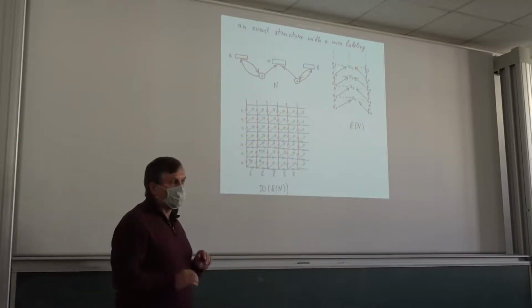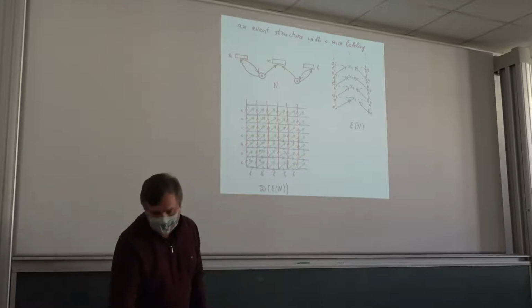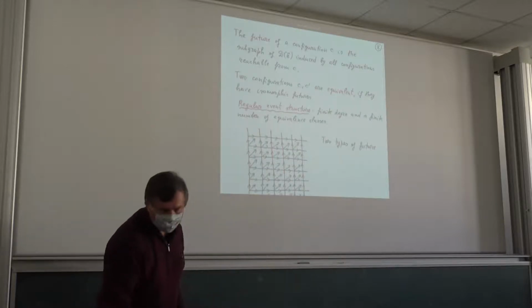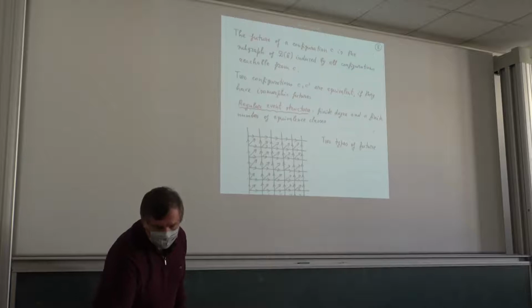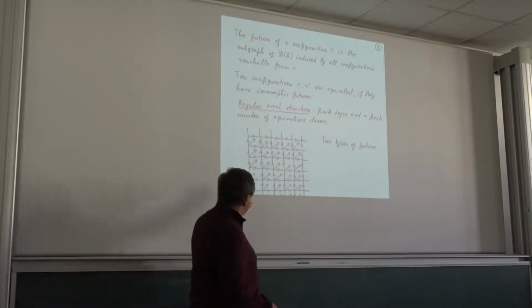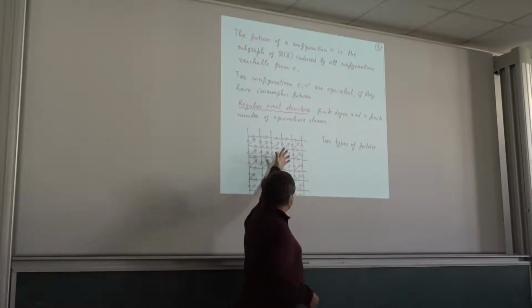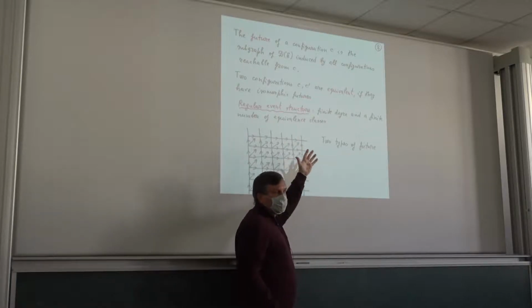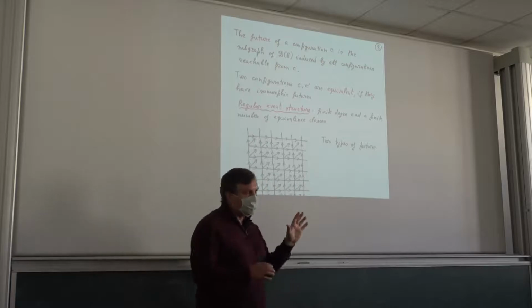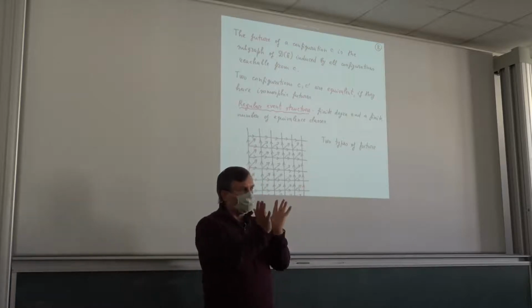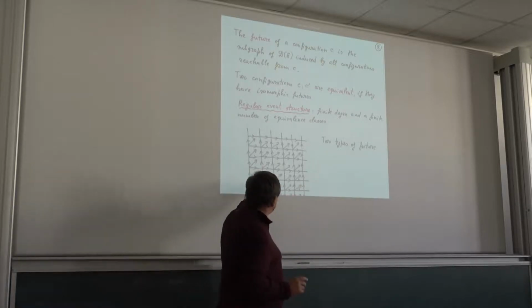It's regular. If you forget the colors, in fact, you define the regularity in the following way. The future of a configuration is all configurations coming after that. In this poset, this is a principal filter. We call it the principal filter of the configuration.